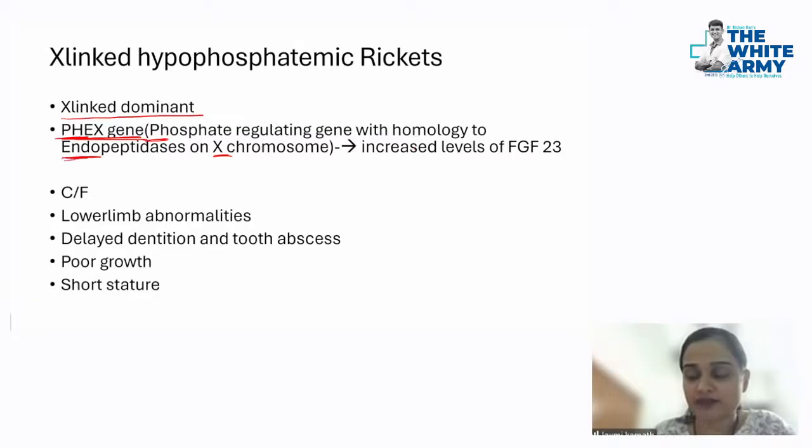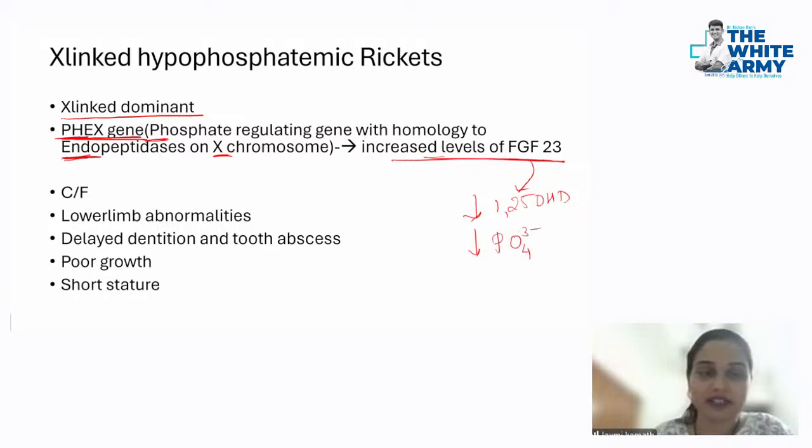Now what happens if this gene is affected? There is increased levels of FGF23. And we know FGF23 decreases the active form of vitamin D, that is 1,25 hydroxy vitamin D, and it decreases phosphorus levels, both of which give rise to our skeletal symptoms. But there is a catch here. X-linked hypophosphatemic rickets presents a little late, not during the 1 or 2 years that we classically see in nutritional rickets.